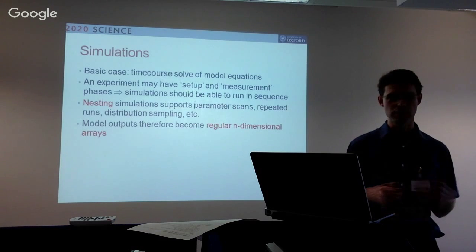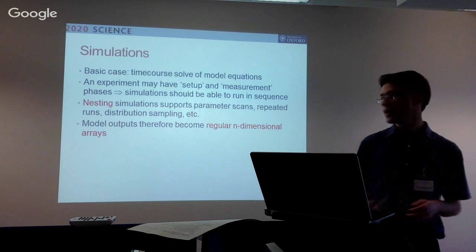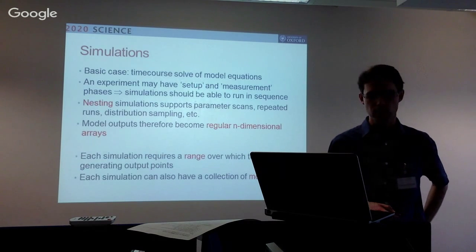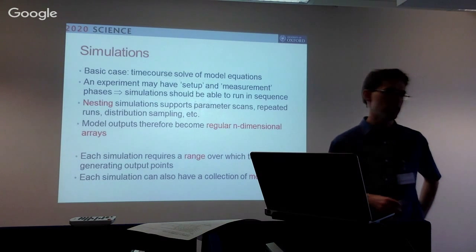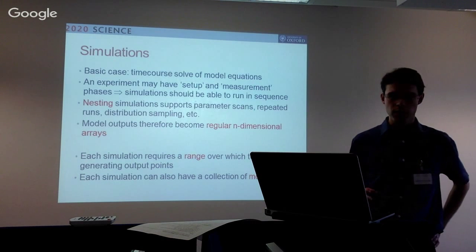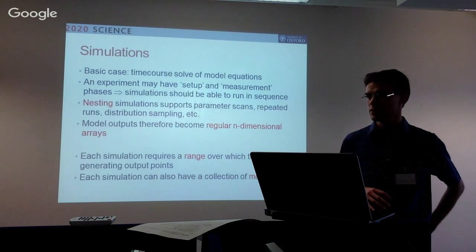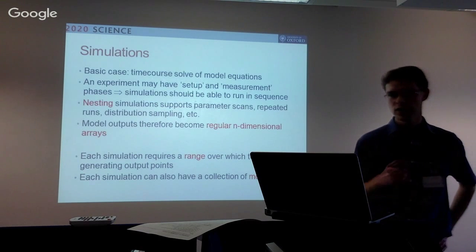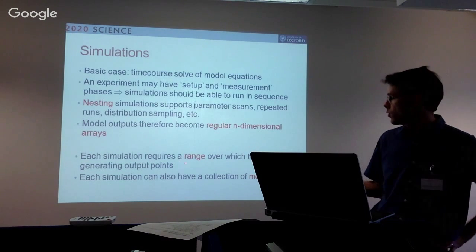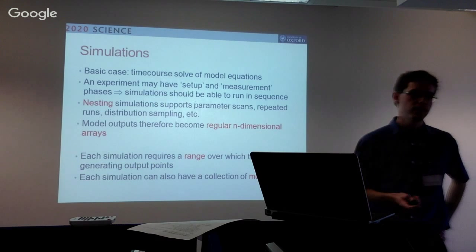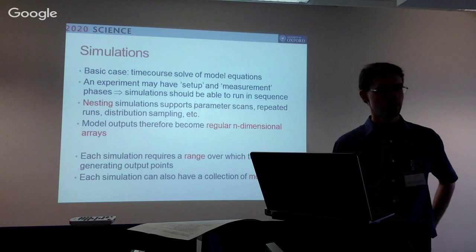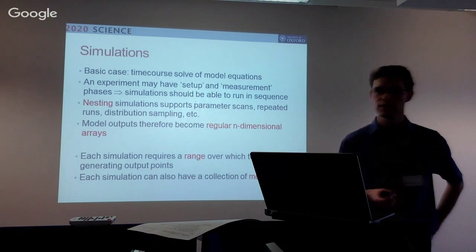And as I mentioned, this means that the outputs from simulations are always regular n-dimensional arrays, and that's the data type that's operated on. With both kinds of simulation, whether it's time course or nested, you can have two extra bits that you specify. You always need to give a range for the simulation, which basically says, what are we iterating over for output points of interest.